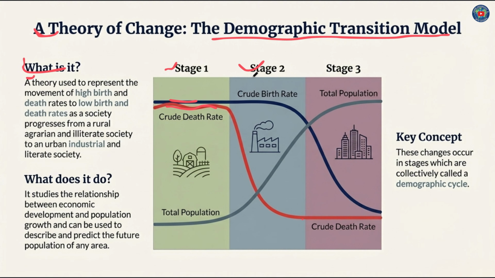In stage 2, crude birth rate is high and crude death rate tends to decrease. And in stage 4, crude death rate is low and crude birth rate is decreasing. Total population is high in this stage. A key concept: these changes occur in stages which are collectively called a demographic cycle. It is provided by Zielinski, the demographic transition model.